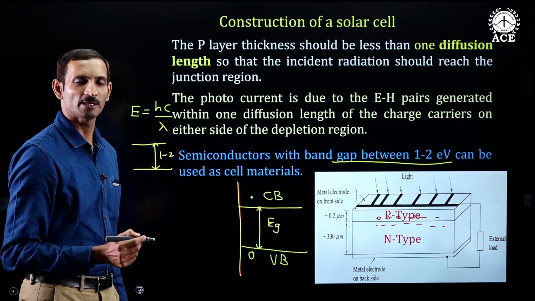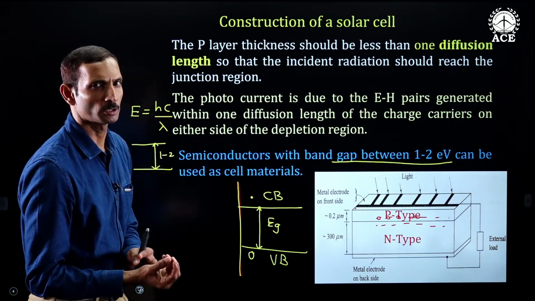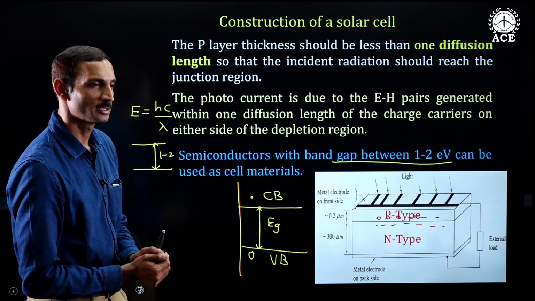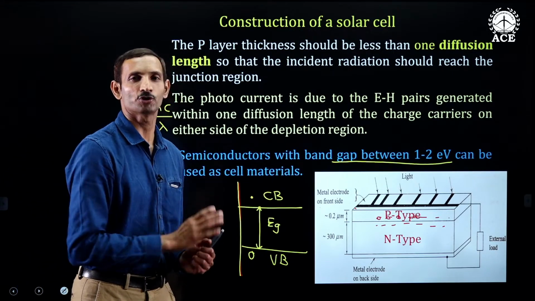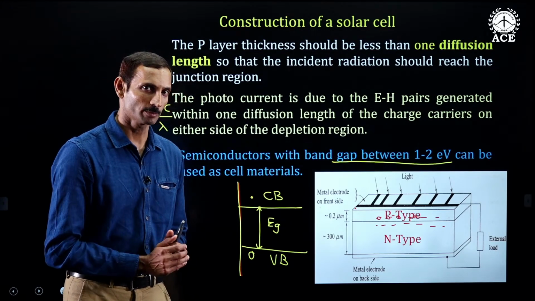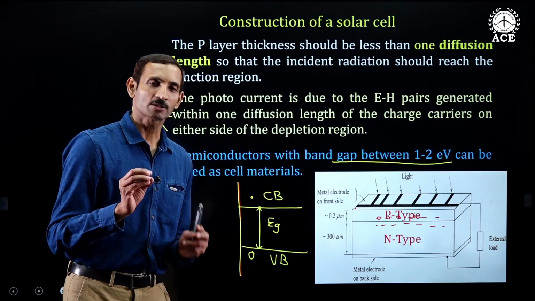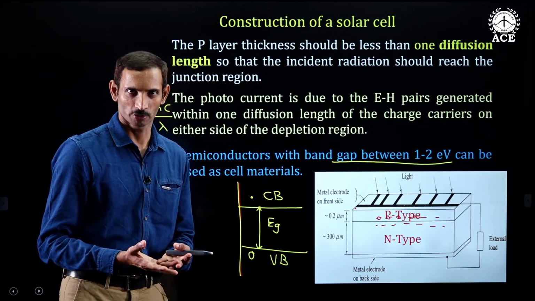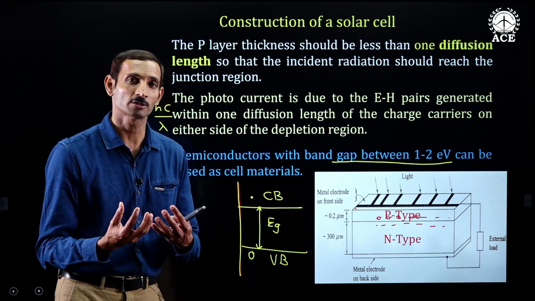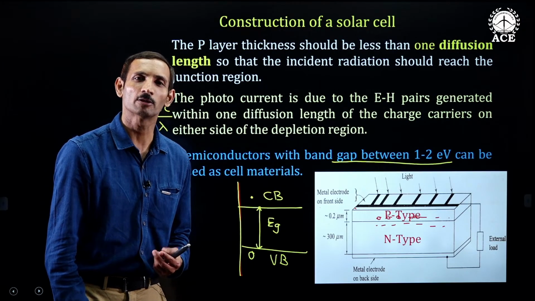then it would be easy for us to make all photons produce electron hole pairs, which we call an increase of quantum efficiency. Quantum efficiency. Do you know what quantum efficiency is? Quantum efficiency is nothing but the percentage of the number of charge carriers that are produced relative to the number of photons that are falling on the material.